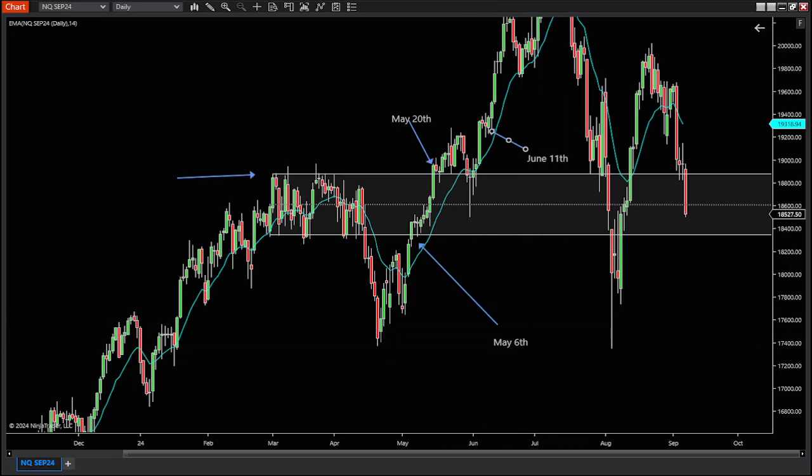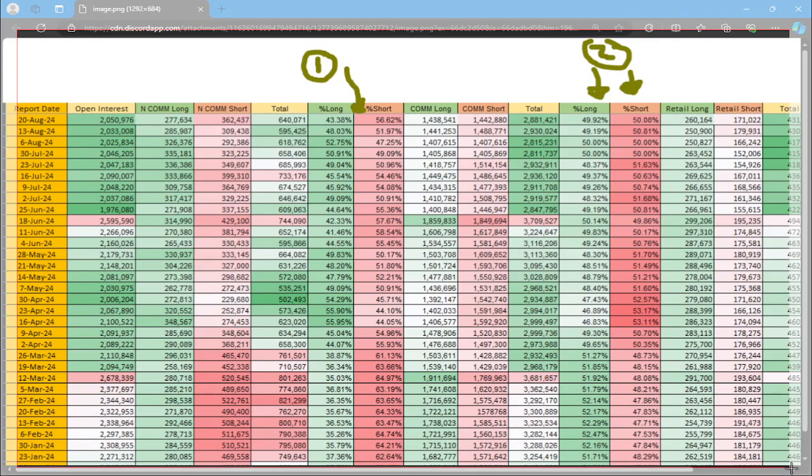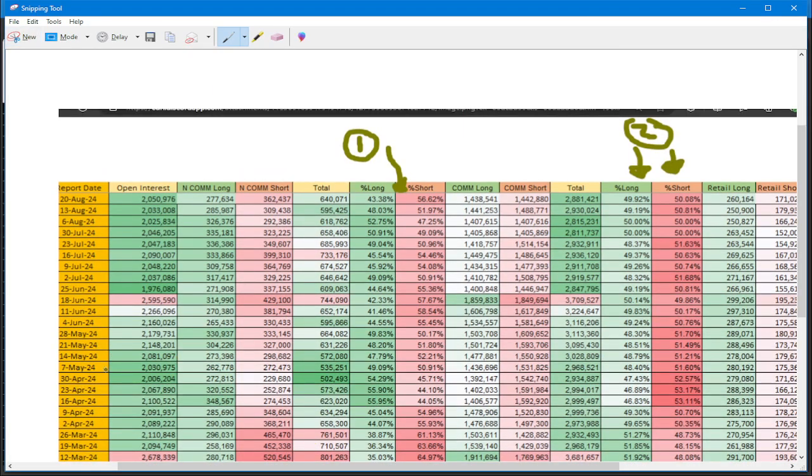What happened on May 6th on the Commitment of Traders report? So May 6th is somewhere around here, May 7th, perfect, right? So we're going to go to May 7th, this area here.